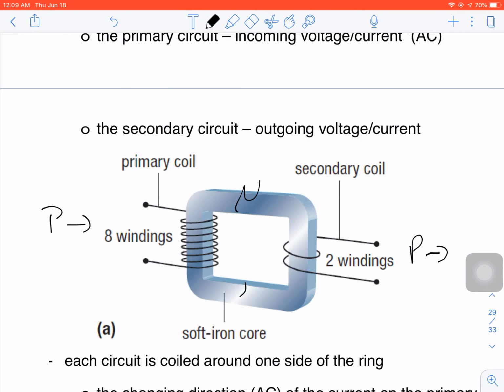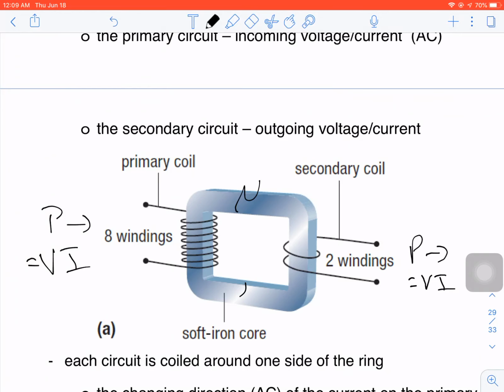Now, if the power is constant on both sides, but power, we know, is equal to V times I, if the voltage is higher on one side, I can lower the voltage on the other side, but that means I have to increase the current. Or vice versa. If I increase the voltage on one side, I decrease the current.